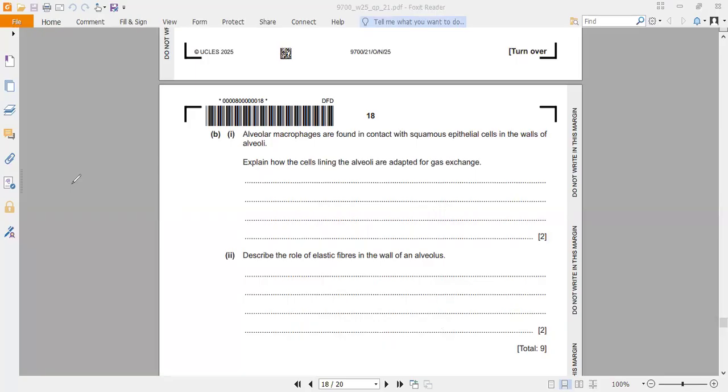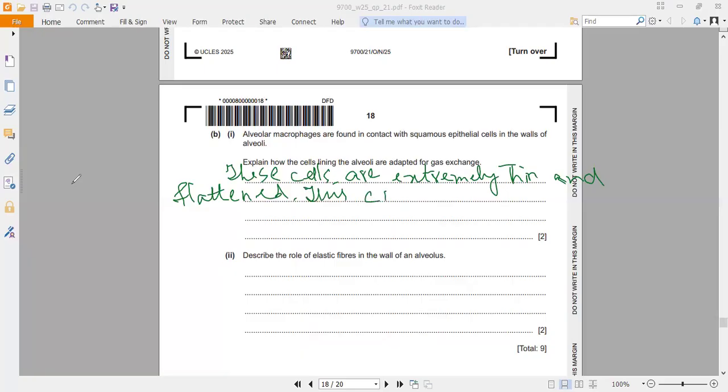So we have to write these two. Since these cells are extremely thin and flattened, this creates a short distance for diffusion.